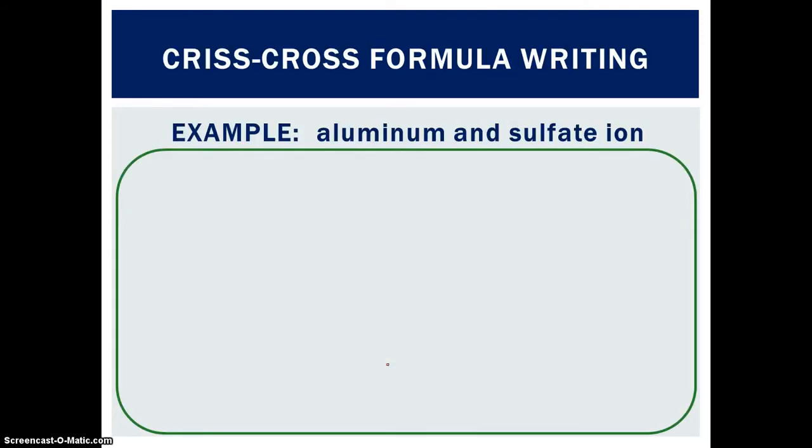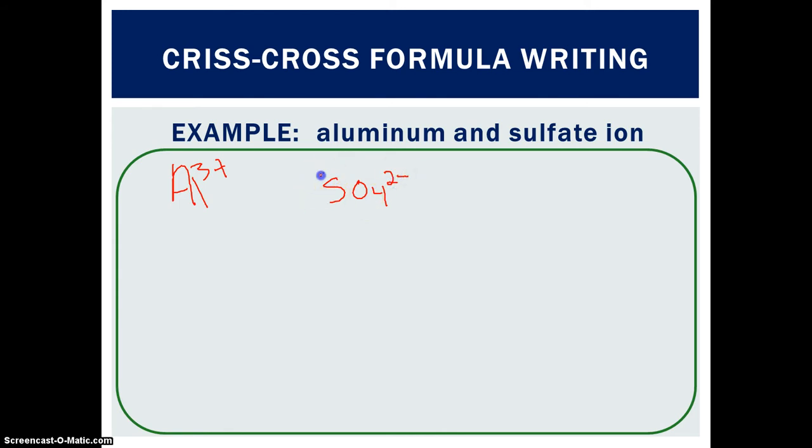So I have aluminum, which I know from its position on the periodic table is a 3+. Sulfate is a polyatomic ion. I know it's a polyatomic ion because of its name. It ends in ATE. So I look at my table of polyatomic ions, and sulfate is SO4 2-.